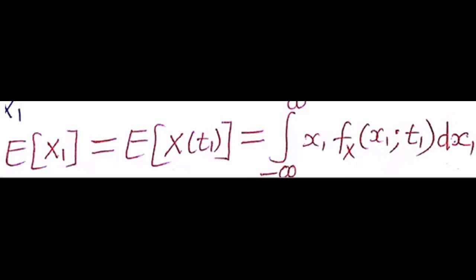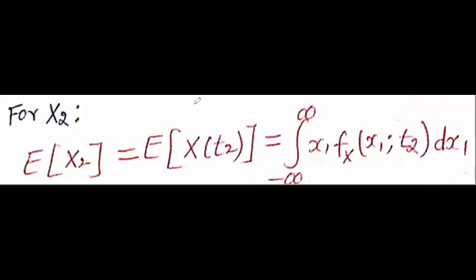Just wait, I will show you. So see, this is the equation for the second variable x2. So this is nothing but the expected value of the random variable x2, and similarly the representation will look like this. That is E of x of t2, and limits are also very similar to the previous equation, and the notation is also similar to this one up to now.